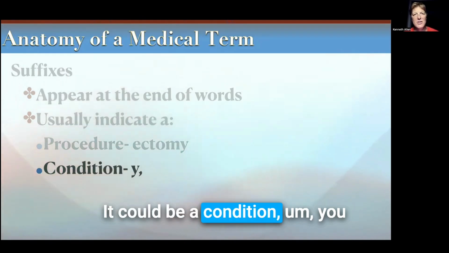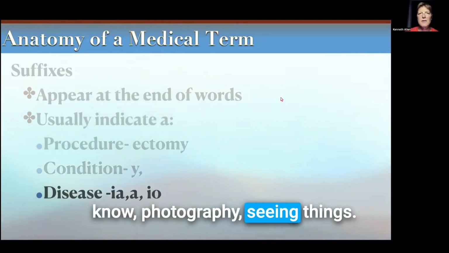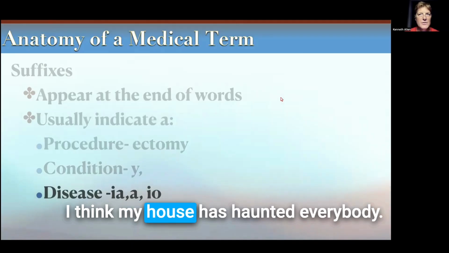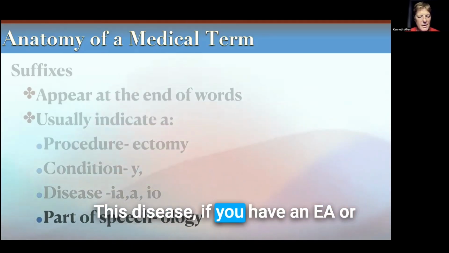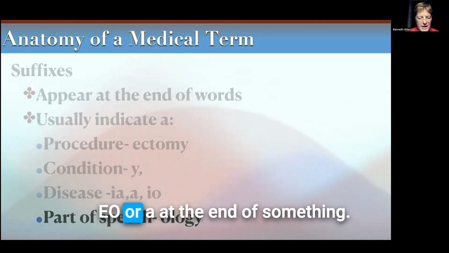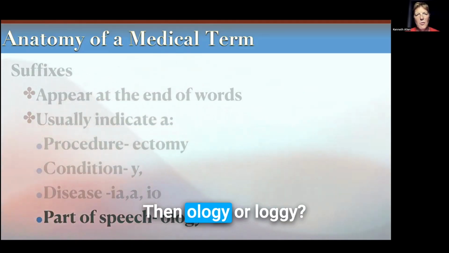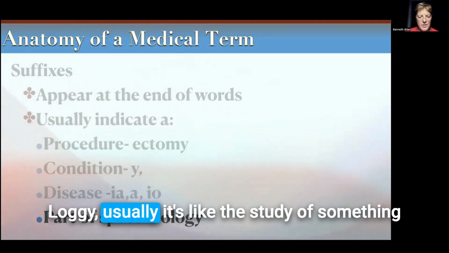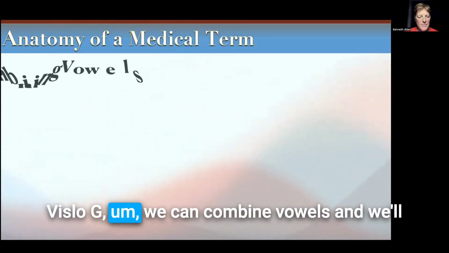It could be a condition, photography. Disease, if you have an ia or eo or a at the end of something. And then ology or logy usually. It's like the study of something, physiology.